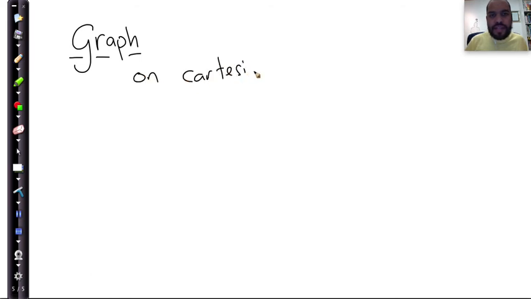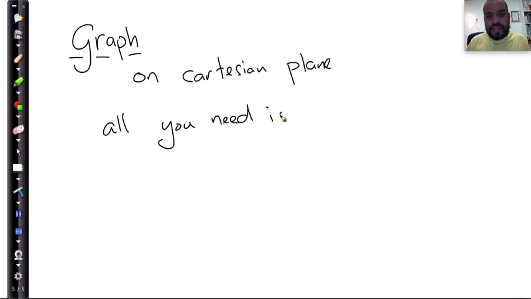Now, why can you do this? This is quite simple because to draw things on a Cartesian plane, in order to plot coordinates, all you need to do is find an ordered pair. All you need is ordered pairs, right?